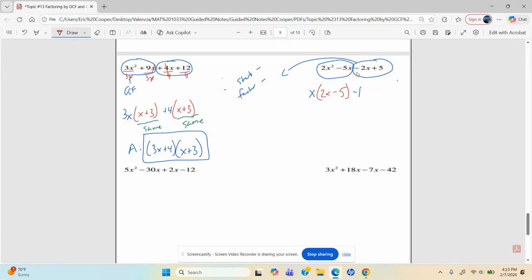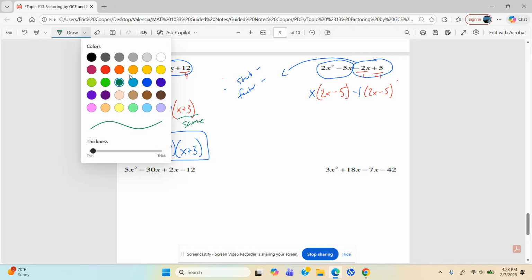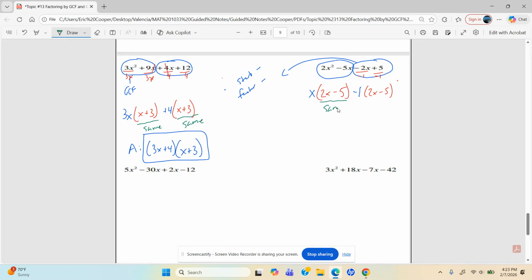And I think that'll make sense when you see the division. If I do negative 2x divided by negative 1, negative divided by negative becomes a positive 2x. 5 divided by negative 1 becomes negative 5. And now I know it worked because if you look at my parentheses, they turned out exactly the same.